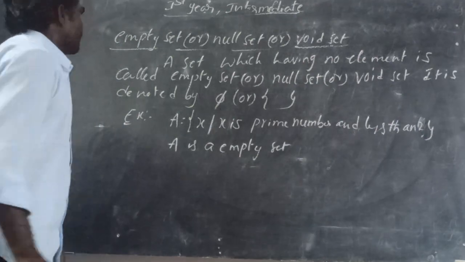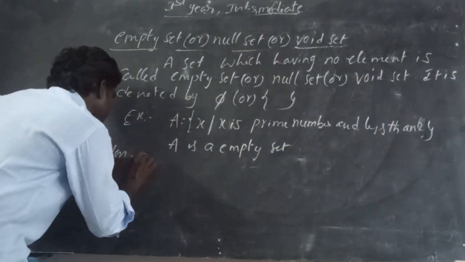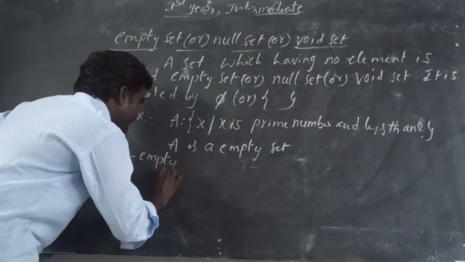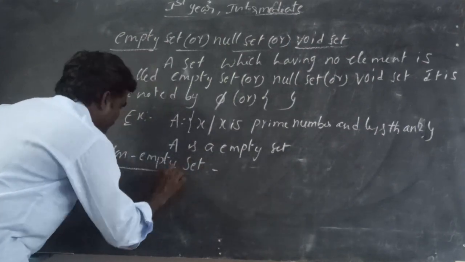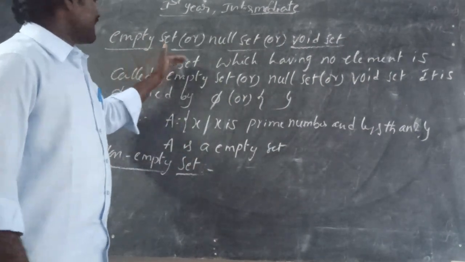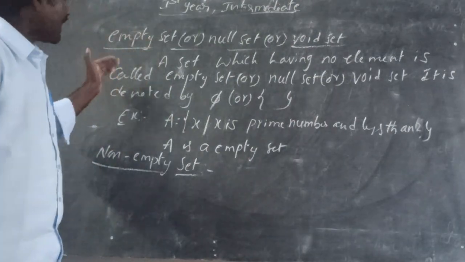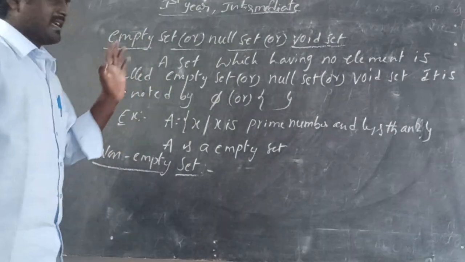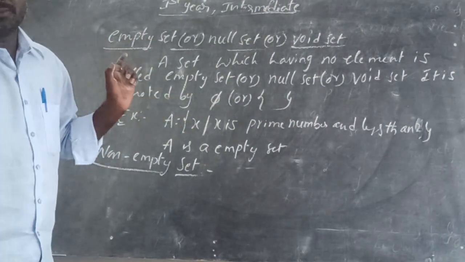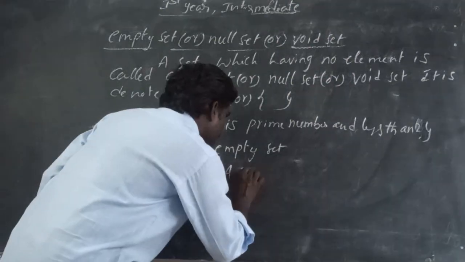Okay, now next, non-empty set. Empty set means a set which has no element. A non-empty set means a set which has at least one element.